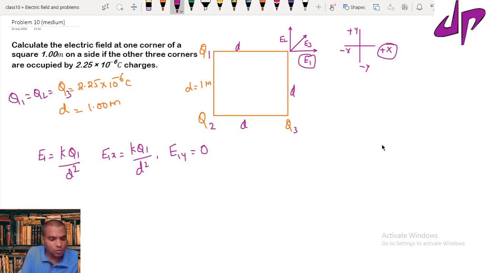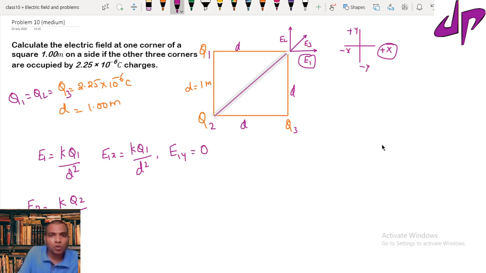The electric field due to the second charge Q2, E2 equal to K times q2 by the distance squared. Now here is the distance from q2 to this point. If you see this right triangle, this is the hypotenuse.